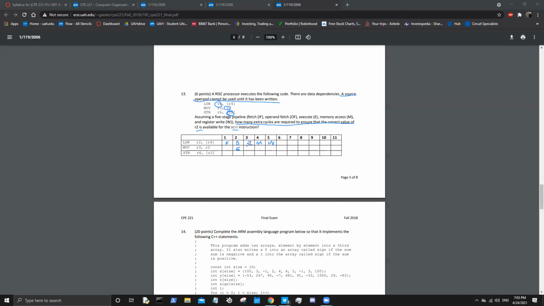So we have F, F, F, F, and then we can finally start with the operand fetch, the execute, the memory access, and then we finally get to do our write. And then obviously, once we do operand fetch, we can start the fetch for the next instruction, for the store instruction, which can then do the operand fetch, which can then do the execute, which can then do the memory write, which can then write it completely.